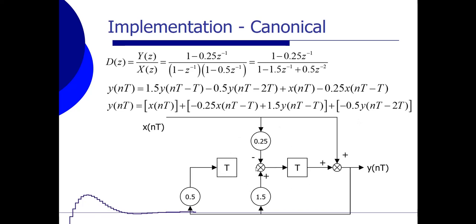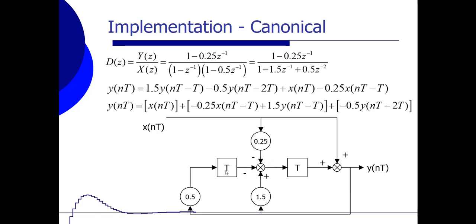So here we have to have a minus over here, and you can see that I implemented a delay in this branch, which is one of the two delays which I need, but I'm going to reuse the delay which was already used in this part of the equation.